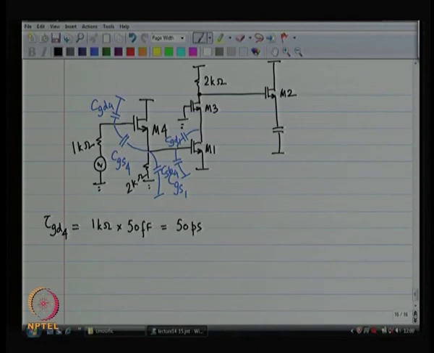So you are still stuck with that 50 picoseconds from there. What about CGS4? You are going to do some dereferencing, right? So CGS4, it's a system that looks like this.